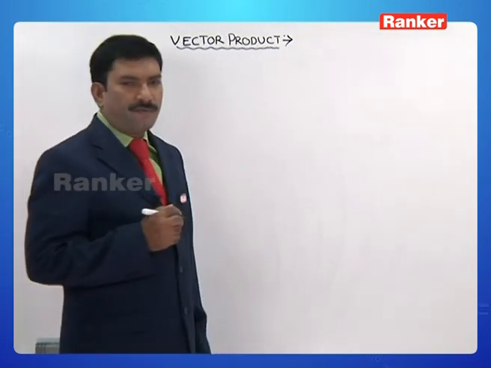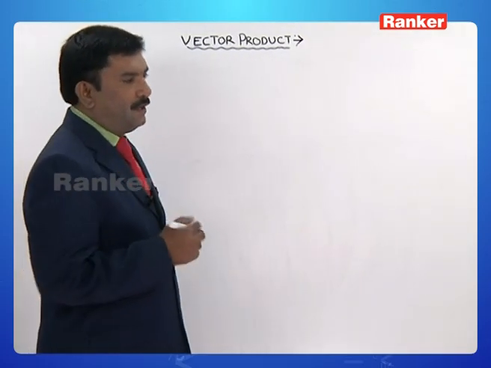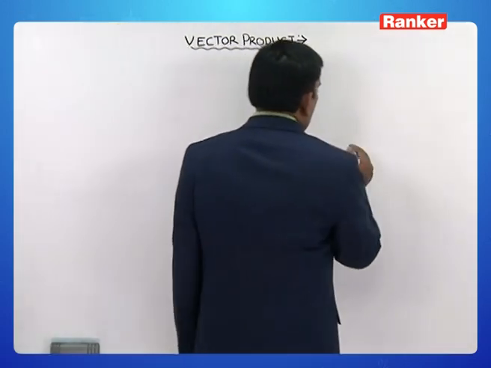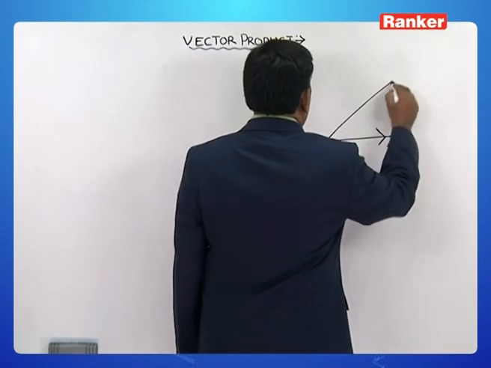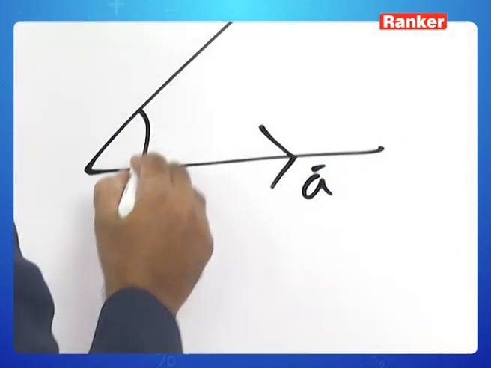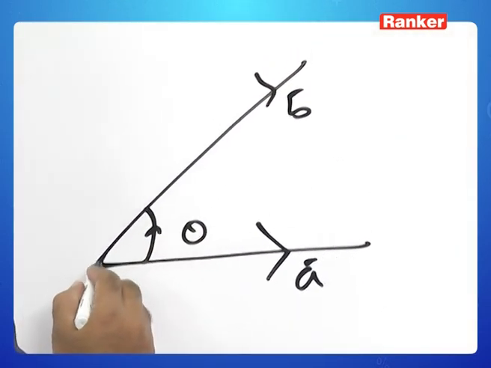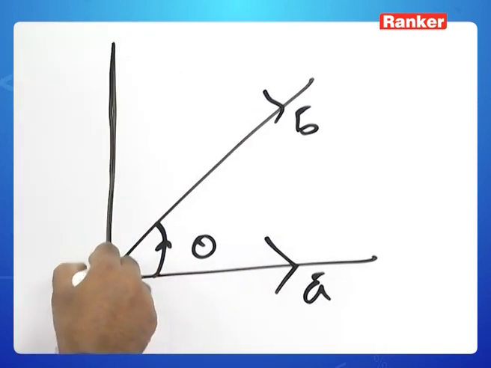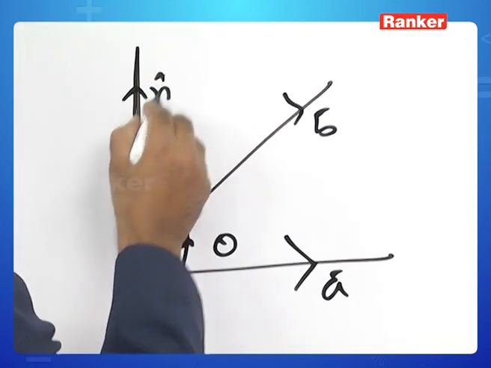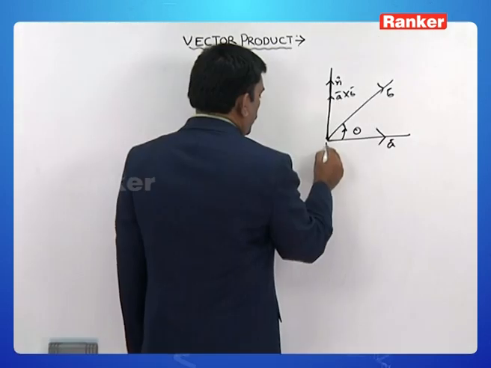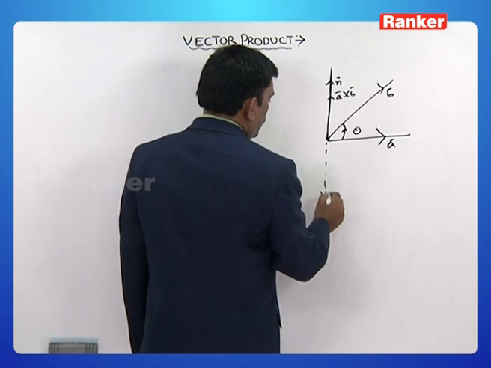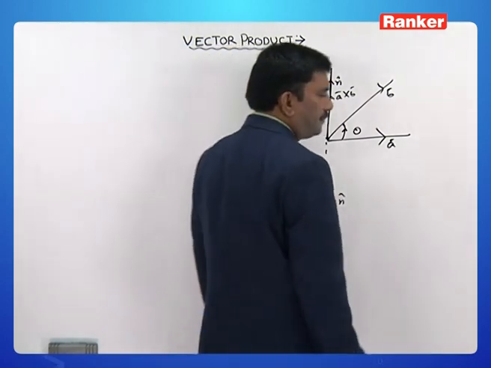By the definition of cross product, we have come across, if I take A bar and B bar, this is the angle between them. This is n cap, and this is A bar cross B bar. This may be like this, this is minus n cap.